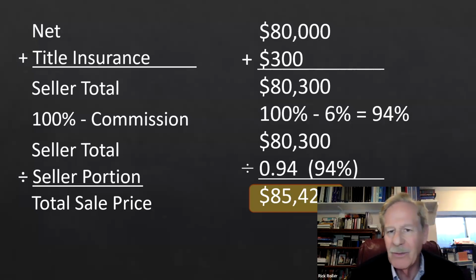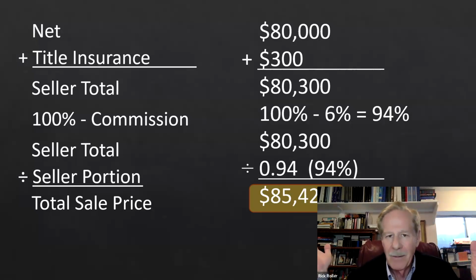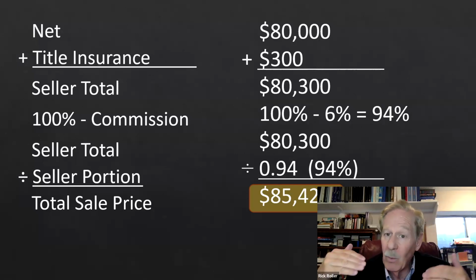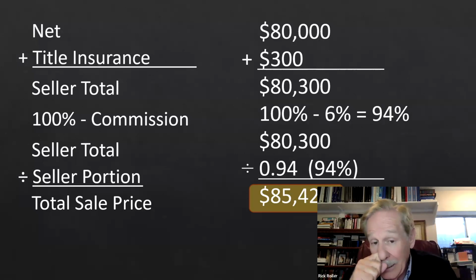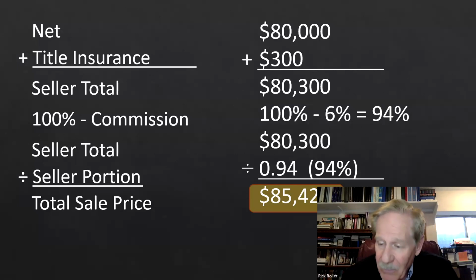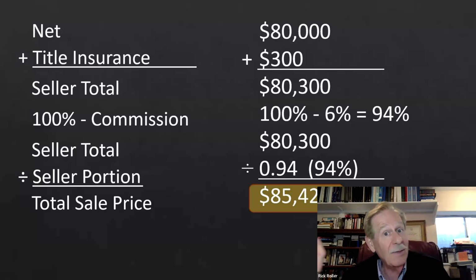If your commission is 6%, from 100% that gives you 94%. Well, the 80,300 would be what's left over after the commission. So if we divide that by the percentage it represents of the whole, it gives us what we call a reciprocal, and that would be 85,460 or 26.